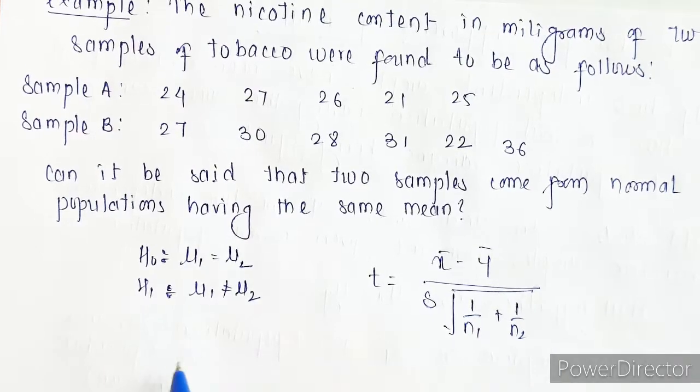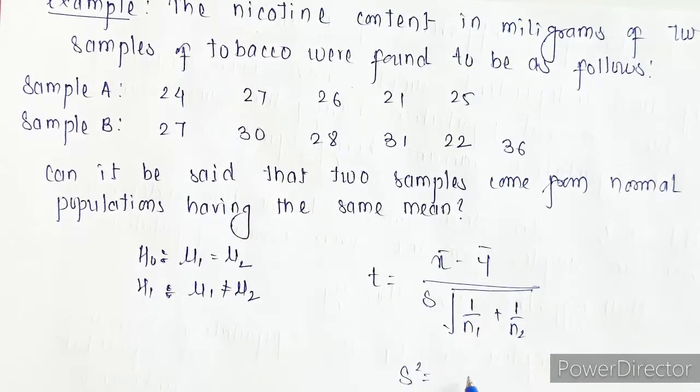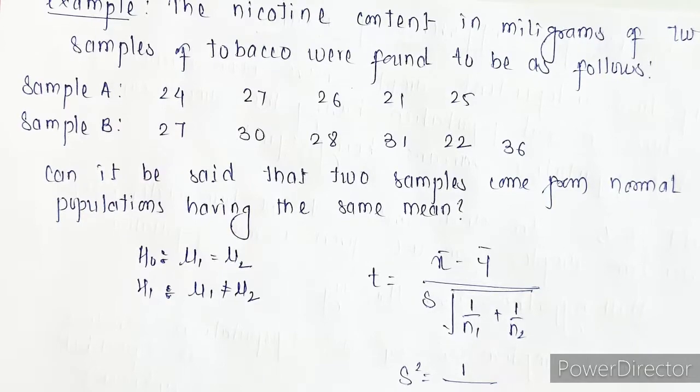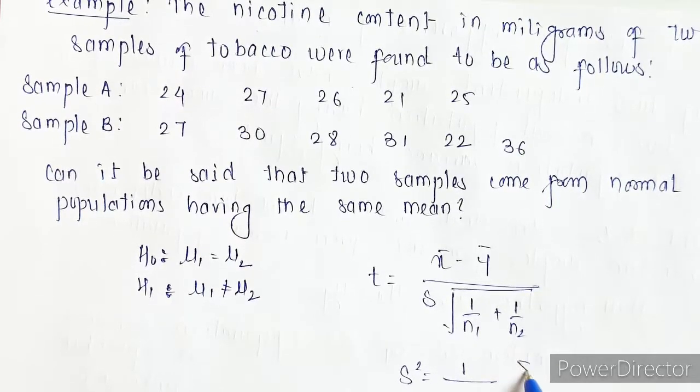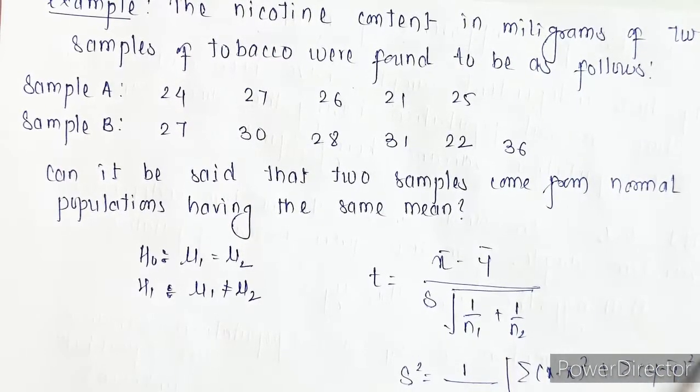And what is s? S square is given as 1 upon n1 plus n2 minus 2 times the summation of (x minus x bar) whole square plus the summation of (y minus y bar) whole square.